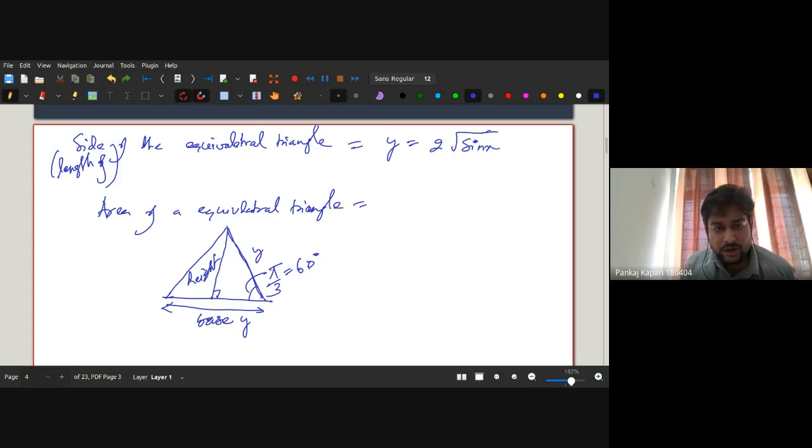Now can we write this height as a function of y? You can see that this height must be y sine theta, where theta is pi by 3. So this is the height.